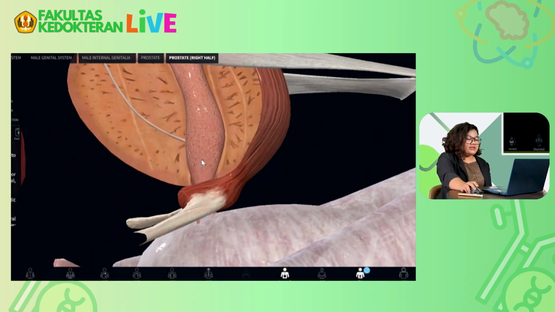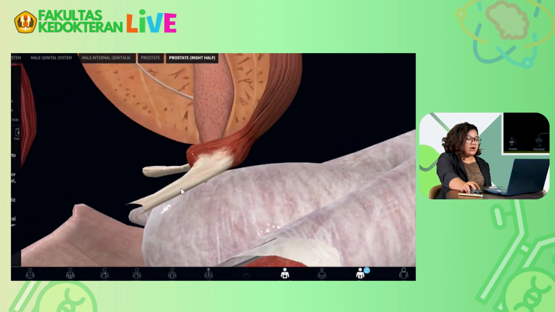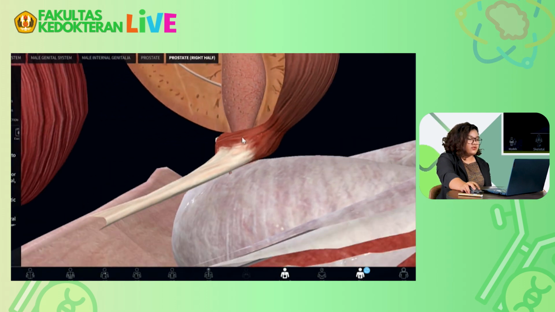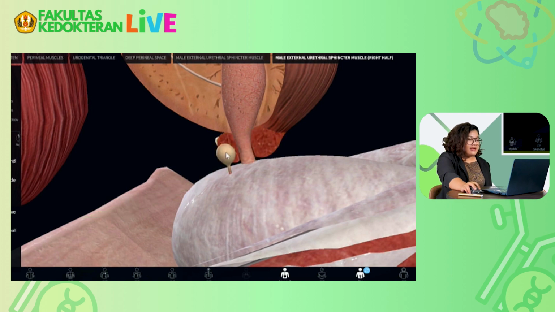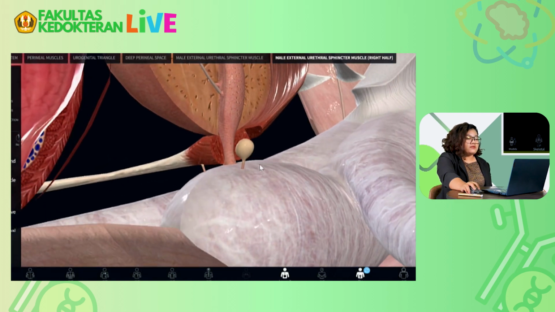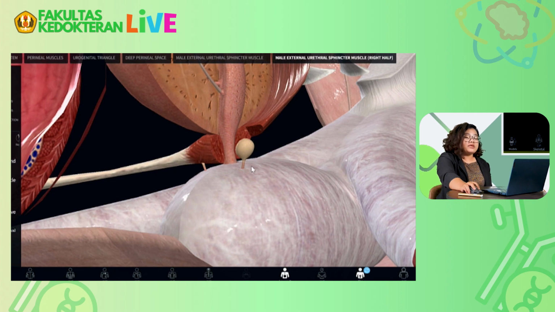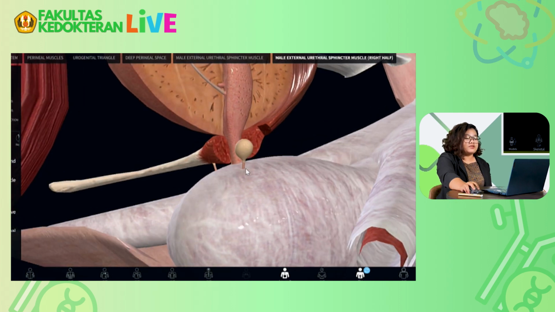Okay, we will see the bulbourethral gland or Cowper glands. It's very small. We need to remove this external urethral sphincter. This is the male external urethral sphincter on the right side. We hide this. Then it will reveal the bulbourethral gland. Like I said, it's embedded inside those muscles.